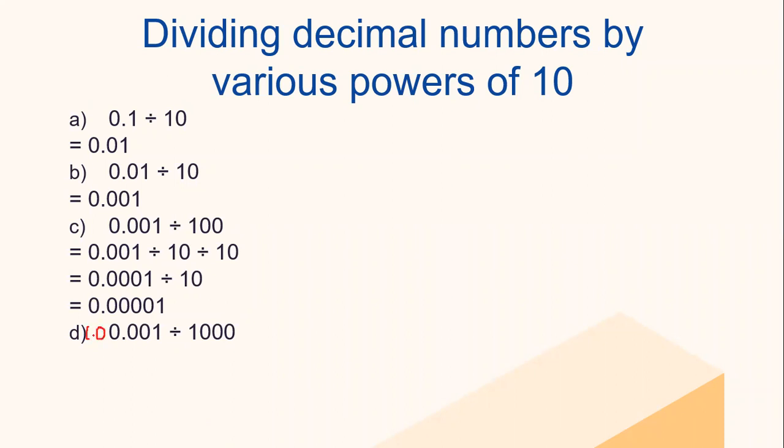How many zeros? 0.000 means how many? 6 zeros? 5. Good, 5, not 6. Look, there are triple zeros in thousand, right? That means your point should shift 3 steps to the left. It will come over here. That means after the dot, how many should be there? 1, 2, 3, 4, 5.